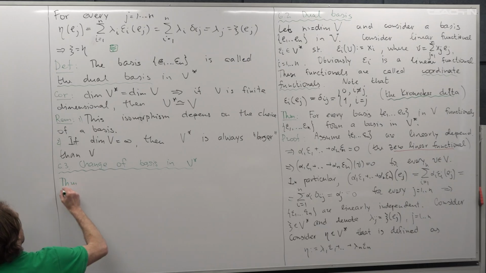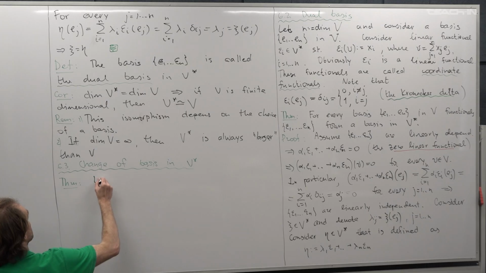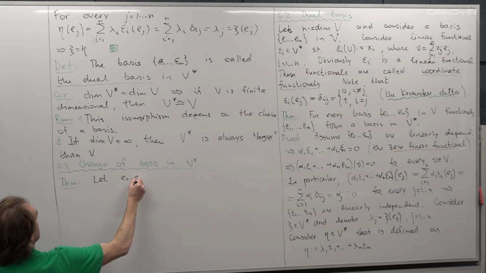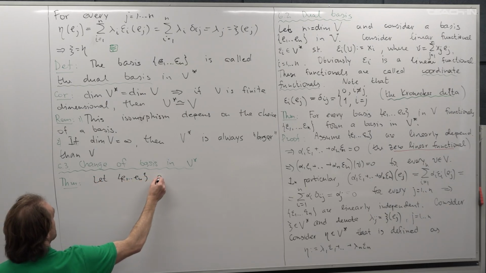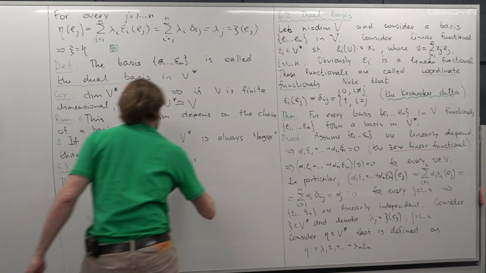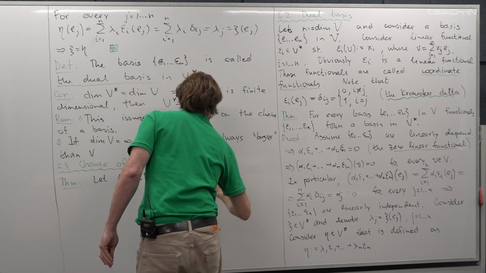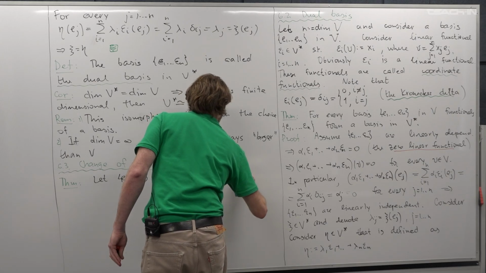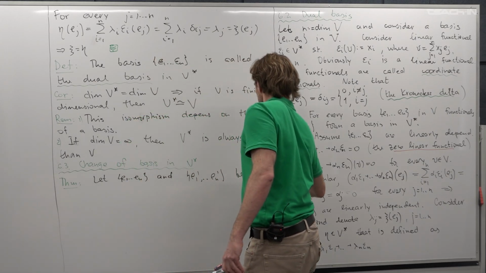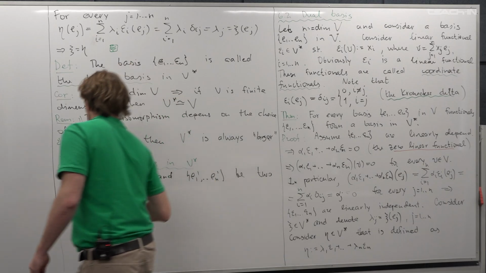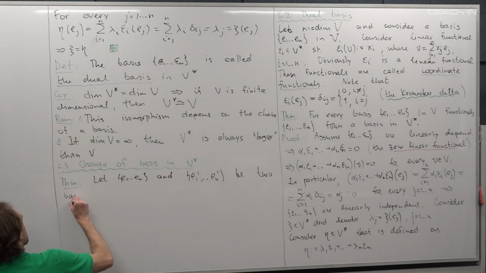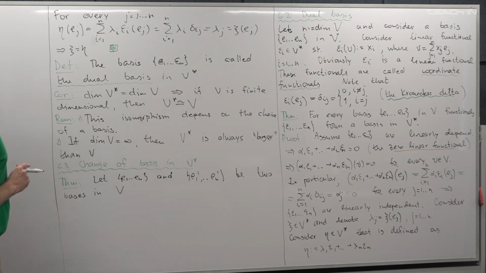So let us formulate and prove the following theorem. So let E1, etc., En and E1 prime, etc., En prime be two bases in a vector space V.